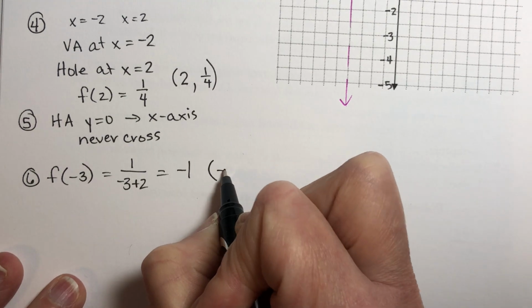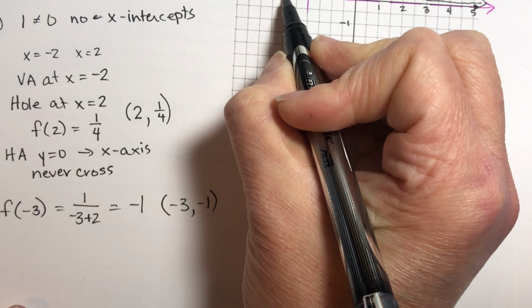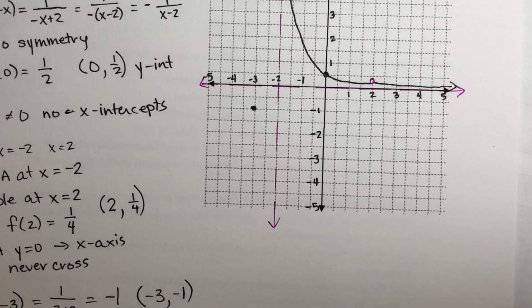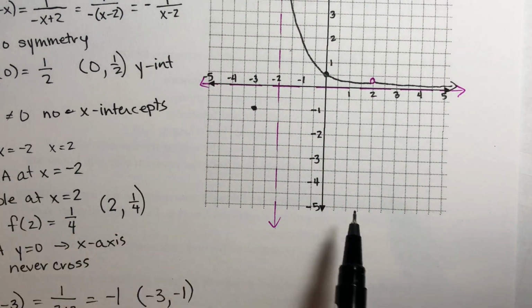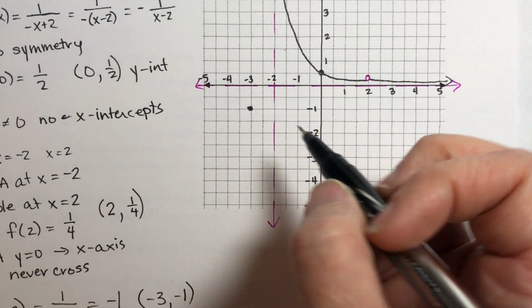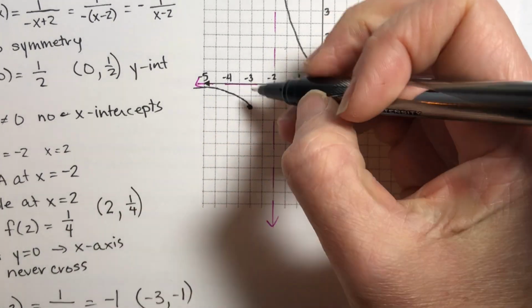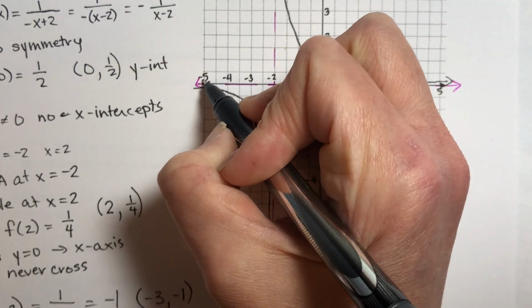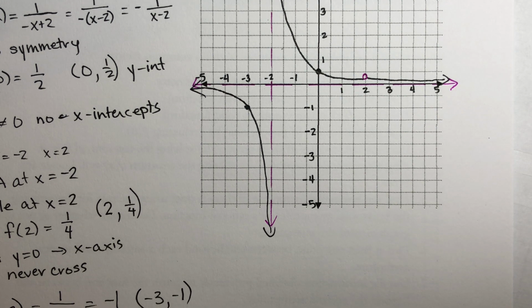So I'm going to plot the point (-3, -1). Okay, now since these asymptotes work like magnets and they start drawing this in, and I'm not allowed to cross either of them, this graph has to look something like this. Okay, and that should be our answer.